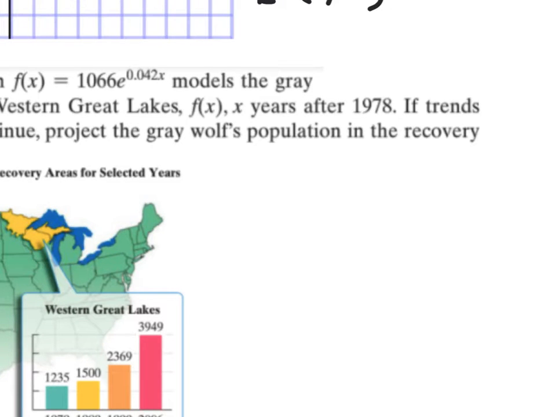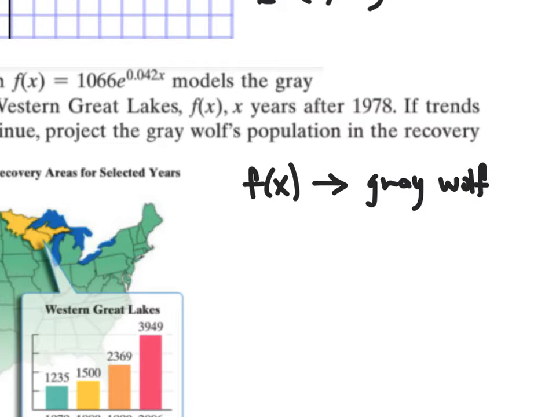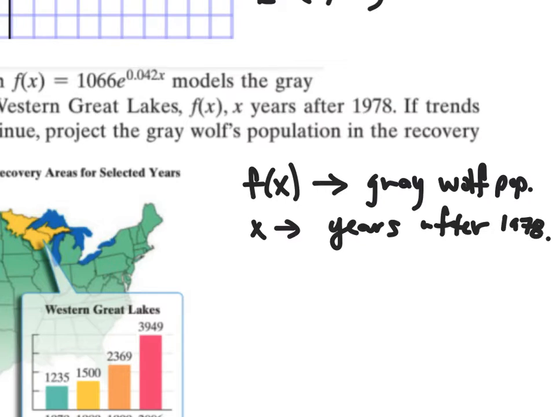Let's make sure we write this out: f of x represents the gray wolf population, and x, remember, is years after 1978.